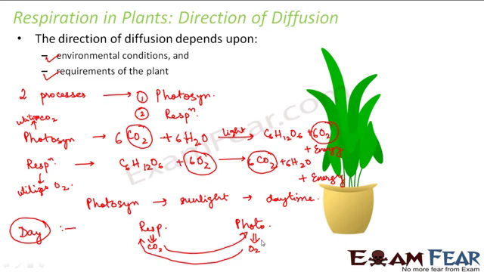But during the daytime, the rate of photosynthesis is greater than the rate of respiration. That means photosynthesis happens faster than respiration. Now, if photosynthesis happens faster, that means more oxygen will be released when compared to carbon dioxide.